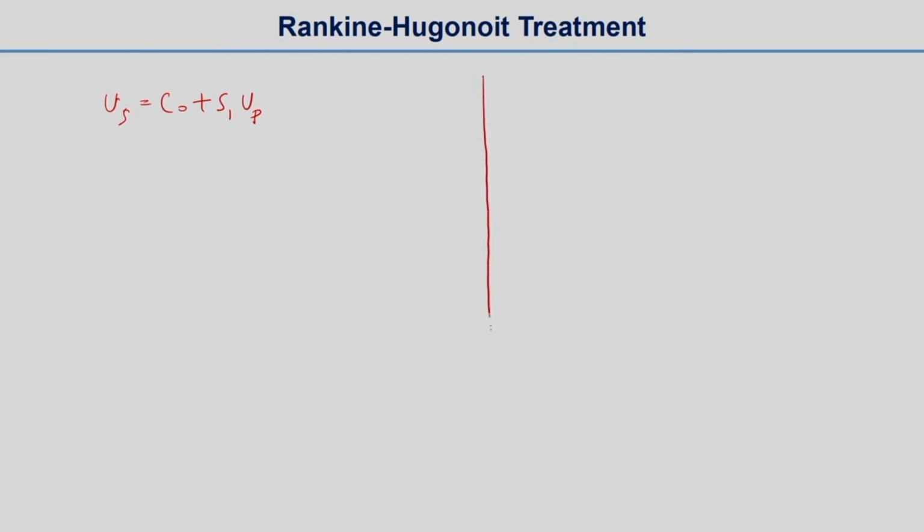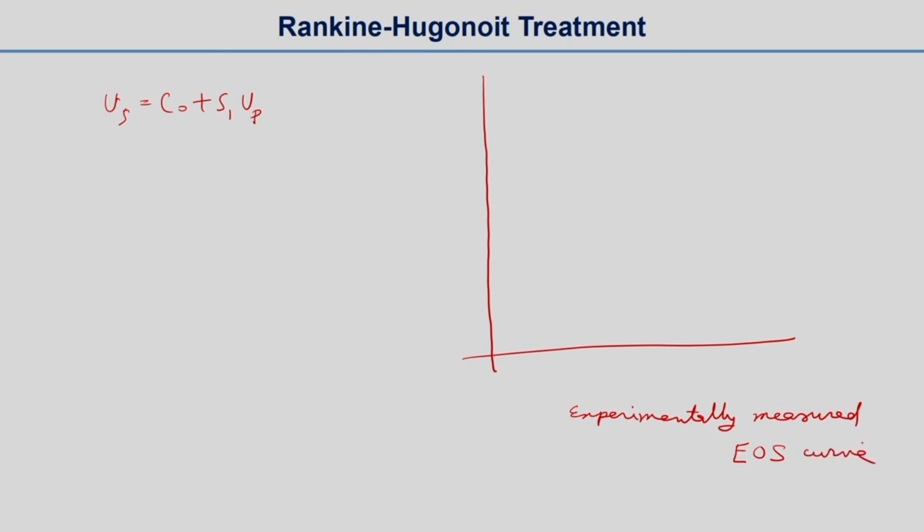So, we have the experimentally measured equation of state. We will write EOS curve. This is EOS, equation of state curve.